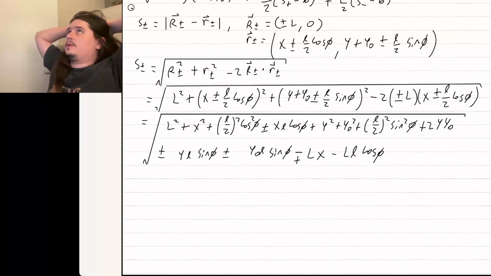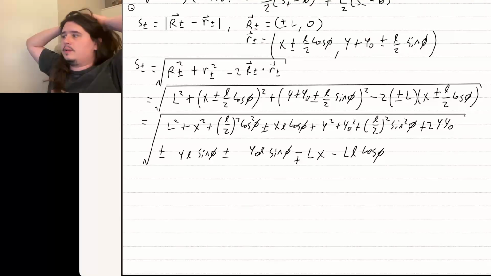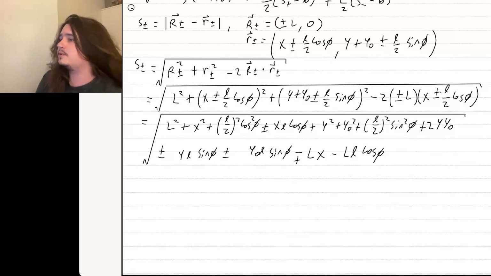So in that case we want the result of this to be linear in x, so we can get rid of anything on the order of x squared, y squared, or a cross term if we really need to between y, x, or phi, and keep everything else pretty much.